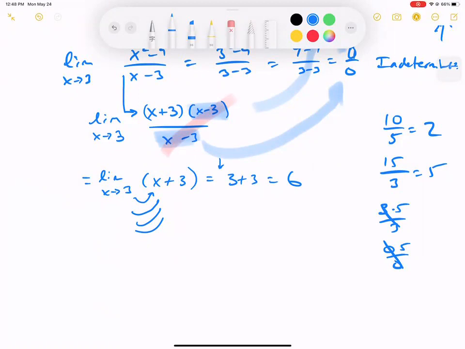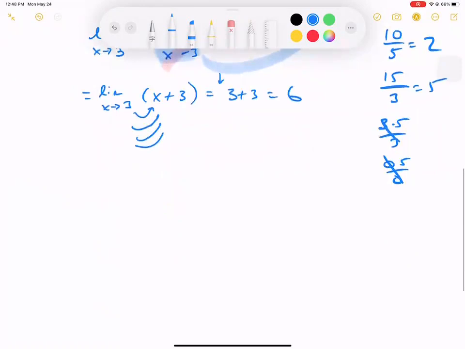Now, let me give you an easy one to start off with. If I give you a problem that says the limit as x approaches 0 of negative 2x over (2x plus 1) squared minus 1.